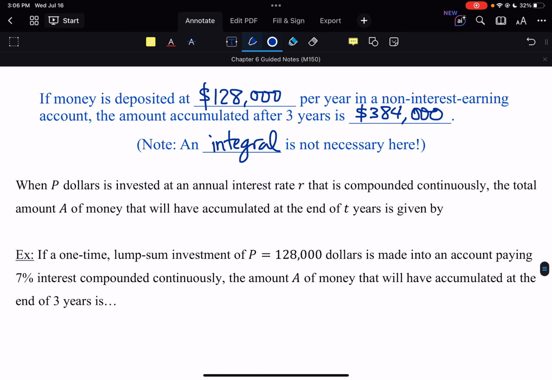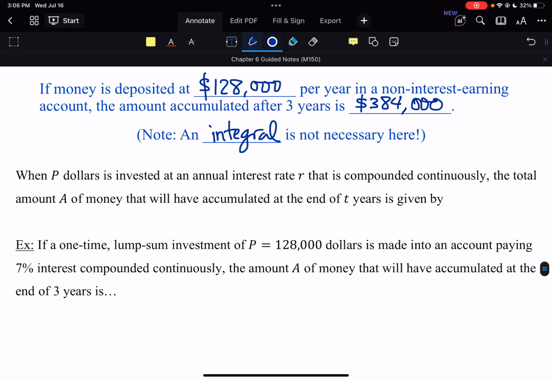When P dollars is invested at an annual interest rate R that is compounded continuously, the total amount A of money that will have accumulated at the end of T years is given by the following formula. So this one we are earning interest. We're putting in P dollars to start. We earn interest at a rate of R, and then it's compounded continuously.